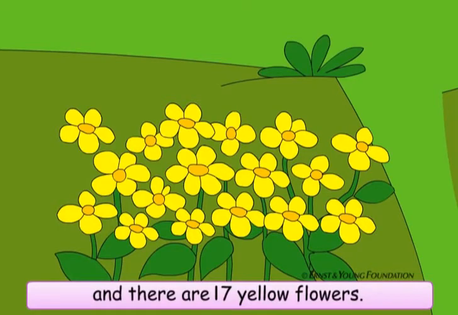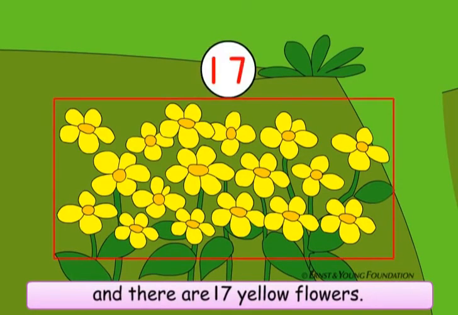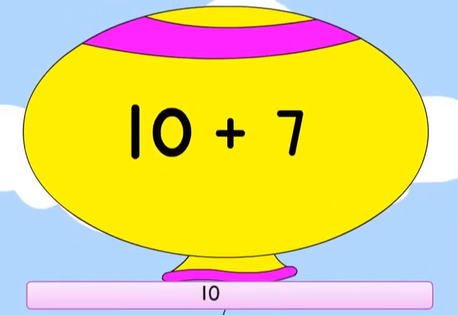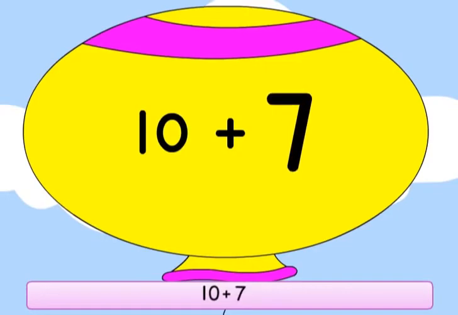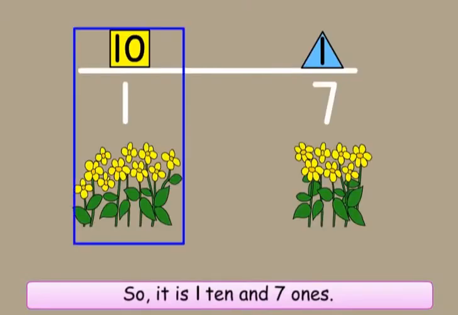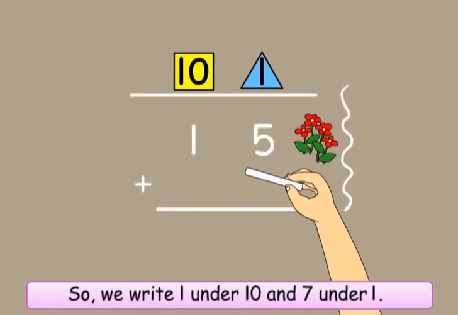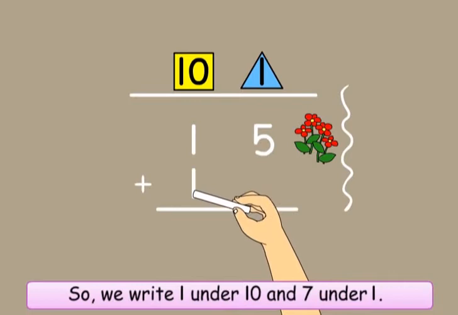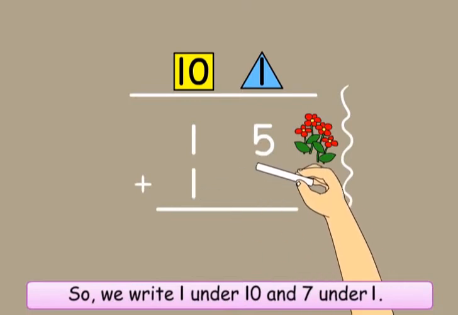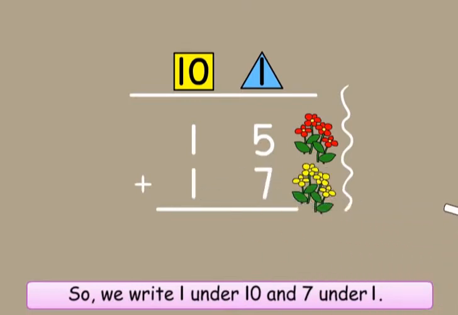And there are 17 yellow flowers. That is 10 plus 7. So it is 1 ten and 7 ones. So we write 1 under 10 and 7 under 1.